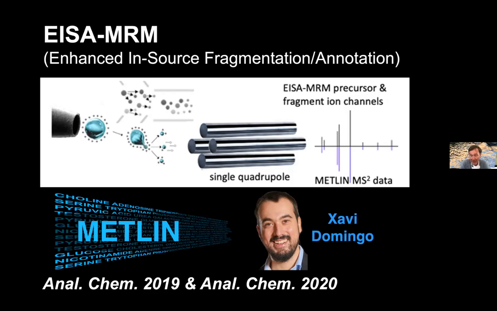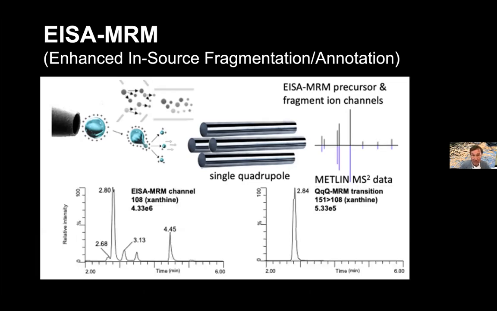I think the most interesting aspect is that when we use single quadrupole instruments in MRM mode, basically like you use a triple quadrupole mass spectrometer in multiple reaction monitoring mode, where you're just focusing in on a particular fragment, and in our case, a precursor as well, or a couple of different fragments, you can then get very good sensitivity, in some cases better sensitivity with the single quad than you would with the triple quad, simply because you don't have a collision cell where you get the collision cell losses.